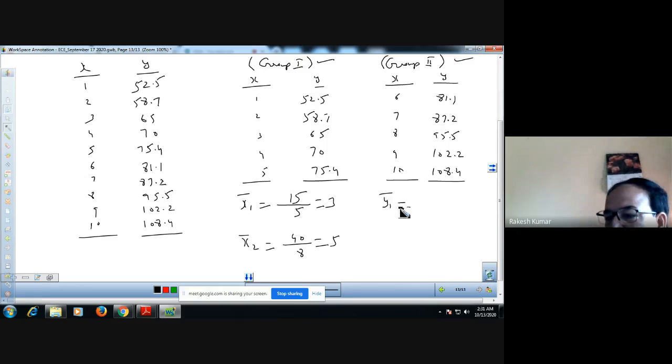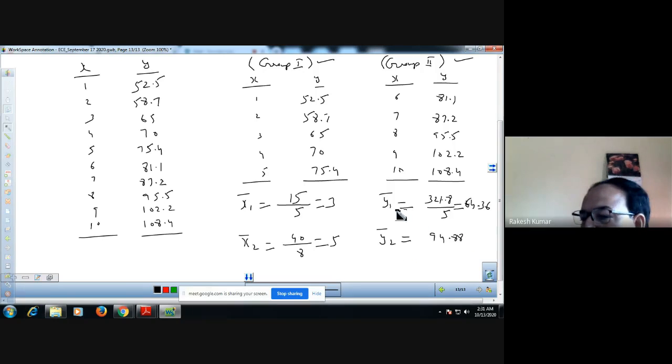Similarly, we shall have the average of the first group values of y, which will come out to be 321.8 divided by 5. This is 64.36, and in this we shall have 94.88.